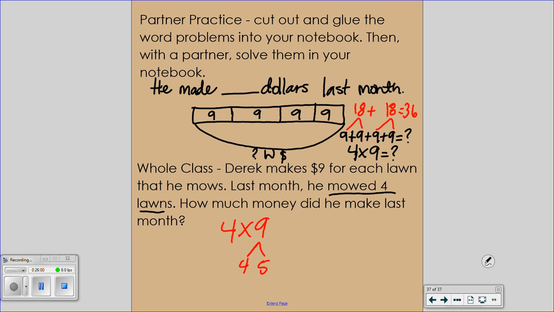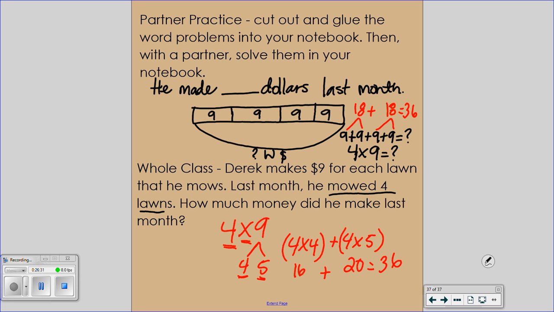So now we have 4 times part of our 9, which is 4. Do you know what 4 times 4 is? 16. Plus 4 times the other part of our 9, which is 5. What's 4 times 5? 20. 16 plus 20. 36. That works.